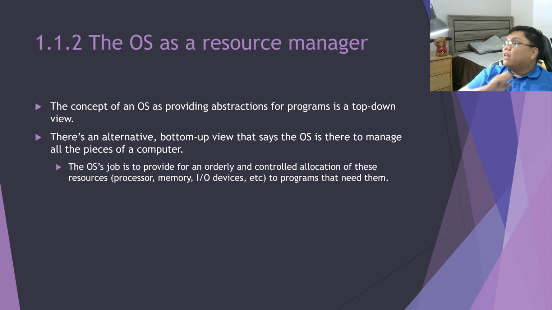So, on one hand, we are providing abstractions for programs. On the other hand, you can't just divvy out these resources willy-nilly. You might have a case where one program is hogging up all the resources. Give me all the resources. And the operating system needs some means of controlling what resources are available and who gets what at any given time.